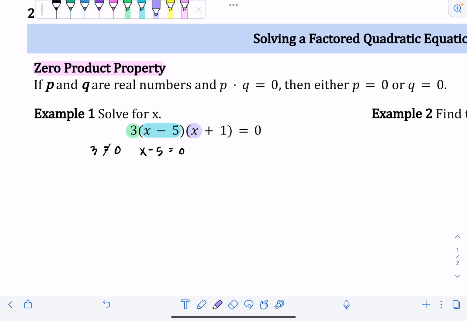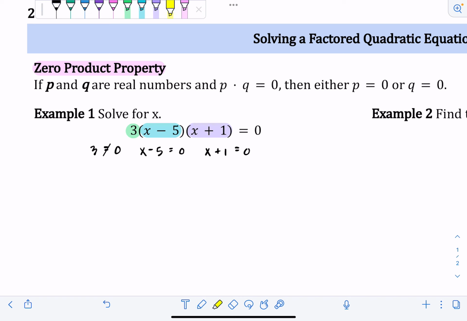And then I'm going to take the third factor, x plus 1, and set that equal to 0. Now I just created two equations: x minus 5 equals 0 and x plus 1 equals 0. My goal is to solve for x, which means I get x by itself in both of those. We just treat them like two completely separate equations. They're not going to overlap with each other at all.